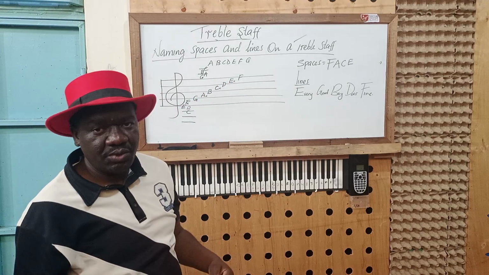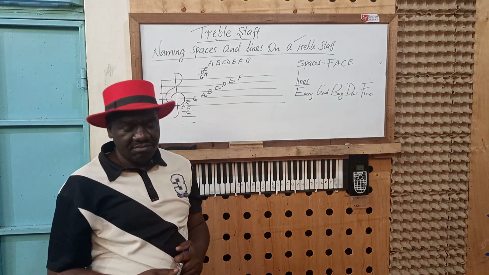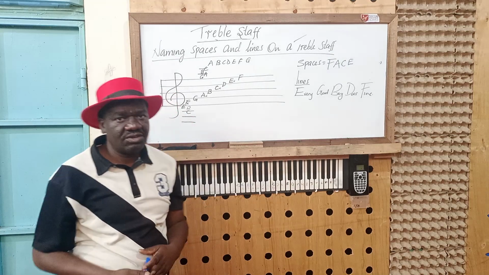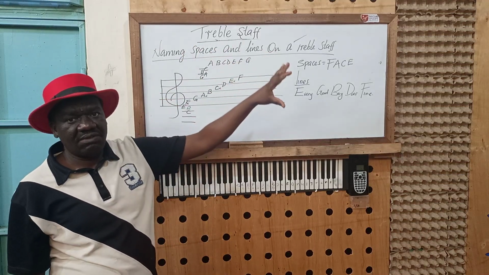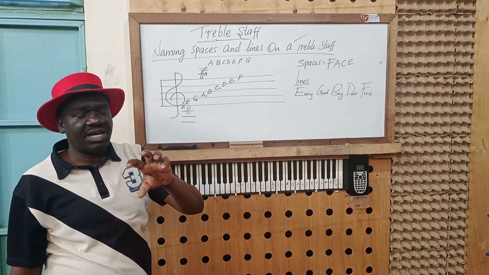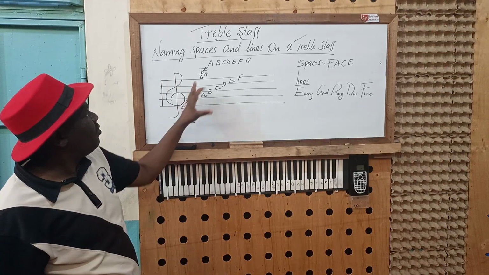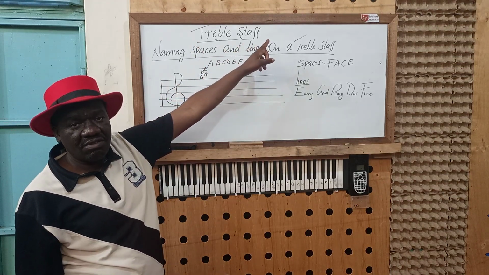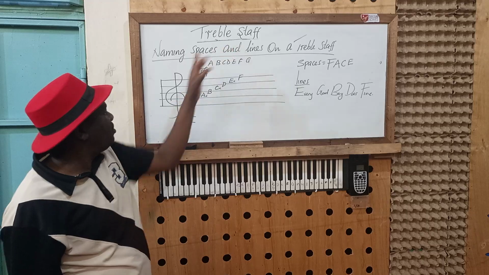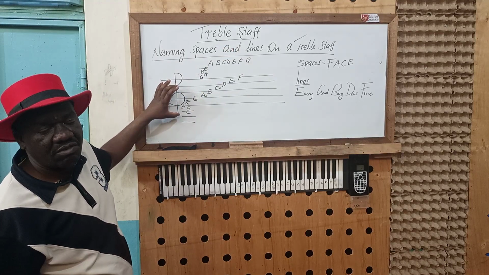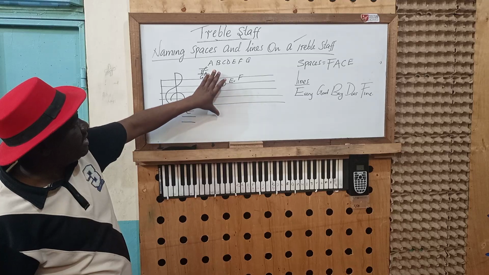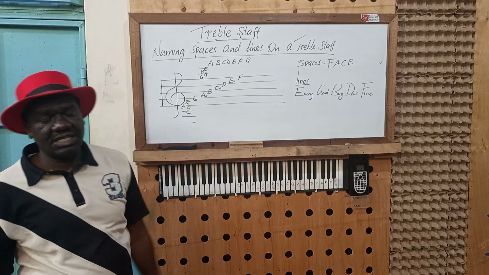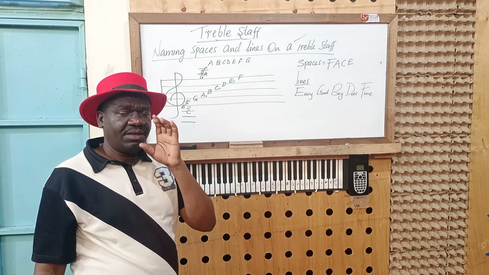So, with those many remarks, that makes the end of our lesson on treble staff. We have gotten some terms. We have also known what is a treble staff. Why is it treble? Because it has a treble clef or G clef. And the names of the lines and the spaces will be like that.